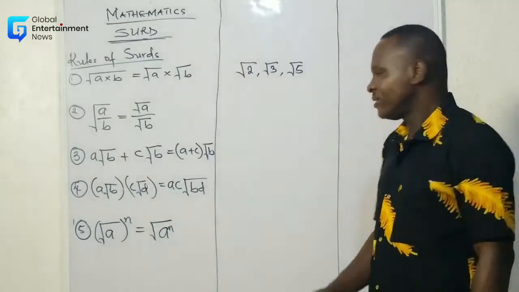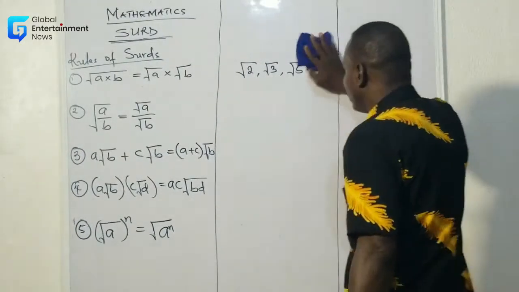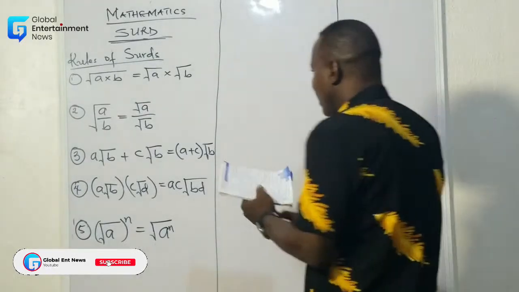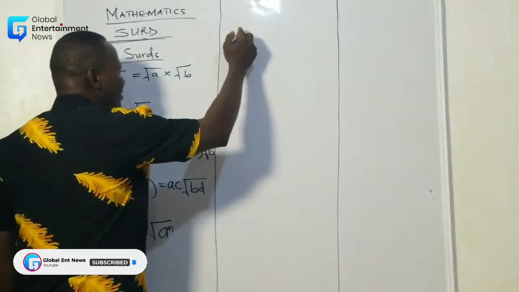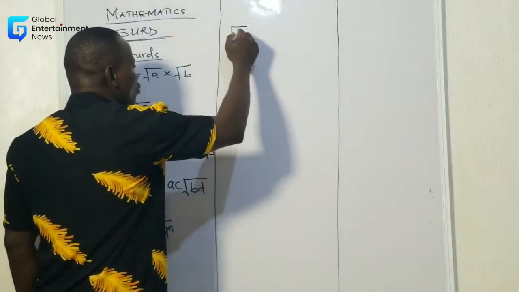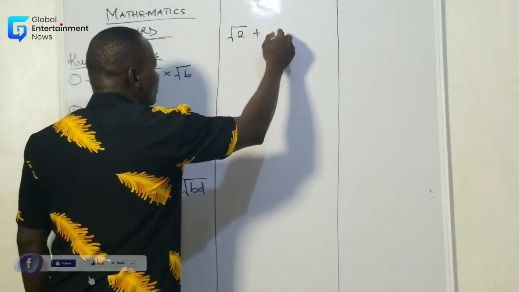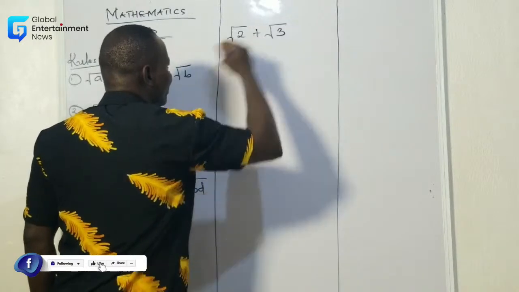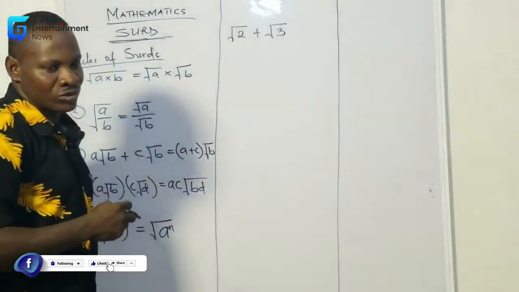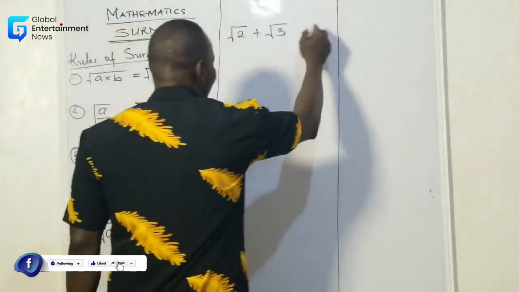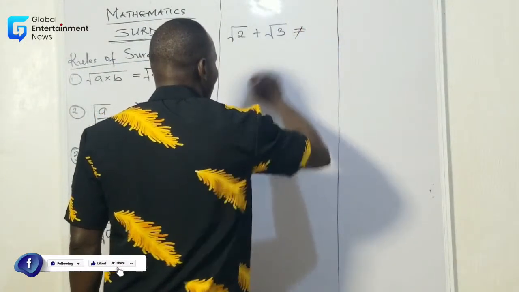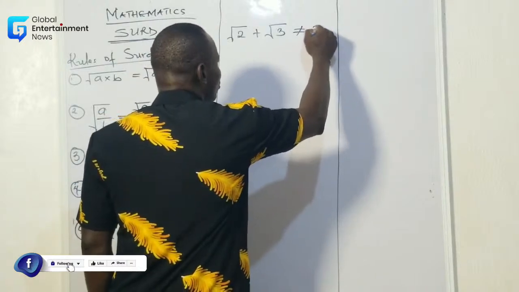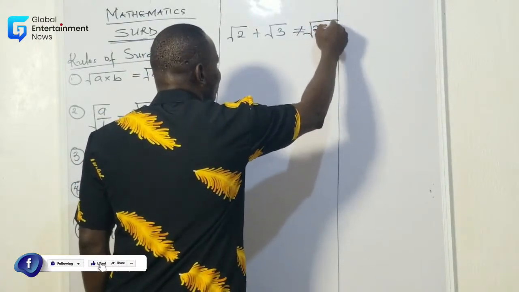Now, let's look at surds in general. Root 2 plus root 3 is not equal to root of 2 plus 3.